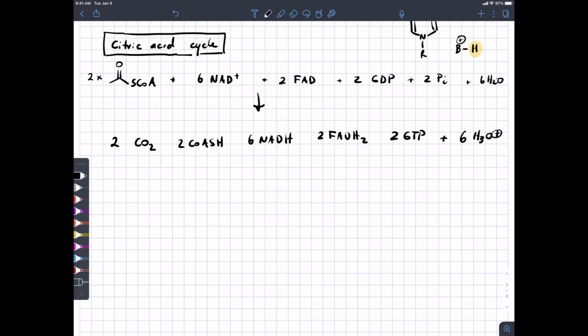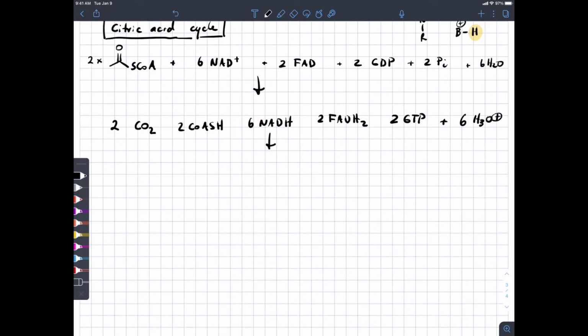And then each NADH can go to the electron transport chain and is worth around 3 ATP per NADH. And each FADH2 can intercept the electron transport chain a little bit downstream because of its lower reduction potential.